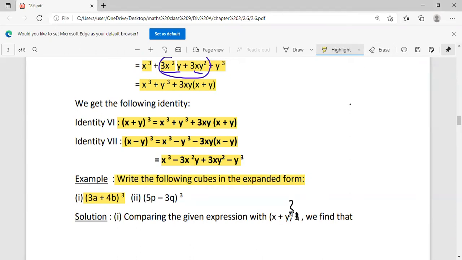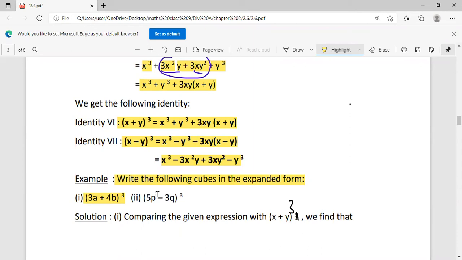Now we are comparing it with our identity number 6, which is x plus y whole cube. Then we can see, what is the value of x? Yes, the value of x is equal to 3a. And next, what is the value of y?